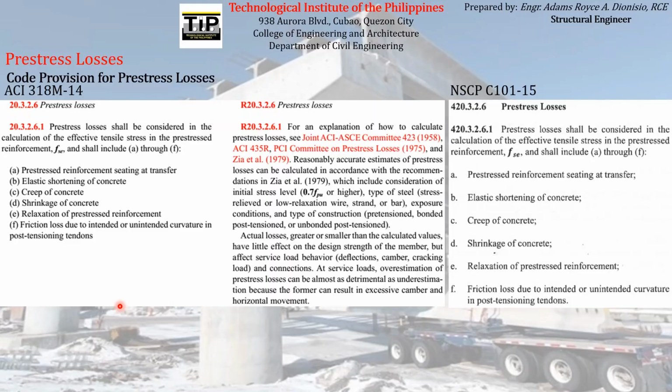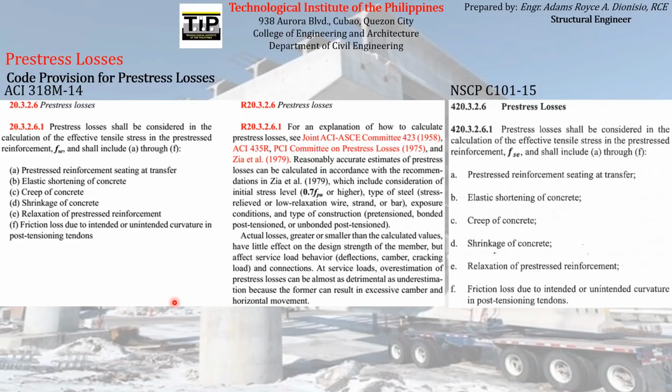So that is related, of course, to the effective pre-stress force, which is the reduced magnitude of the initial pre-stressing force. Again, like I always mention, the initial pre-stress force experiences a reduction in magnitude due to the existence of pre-stress losses.